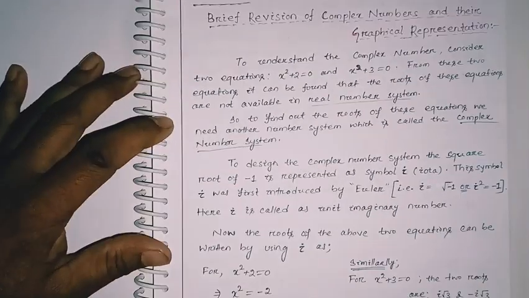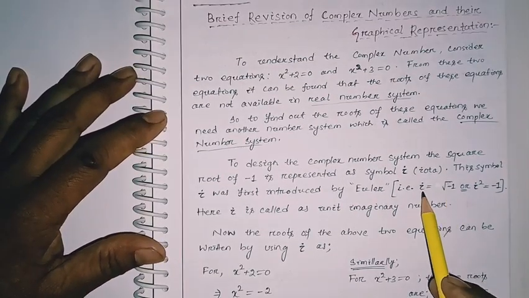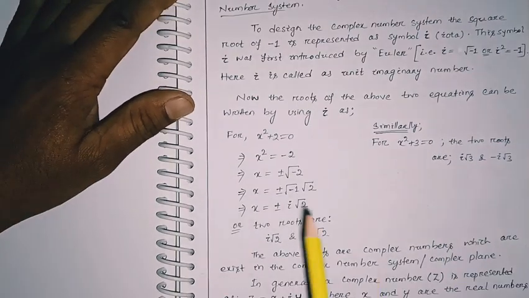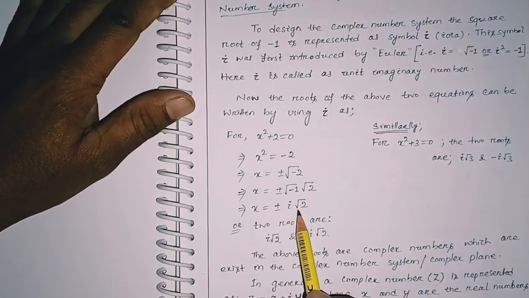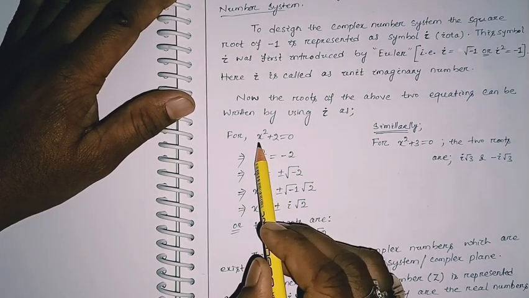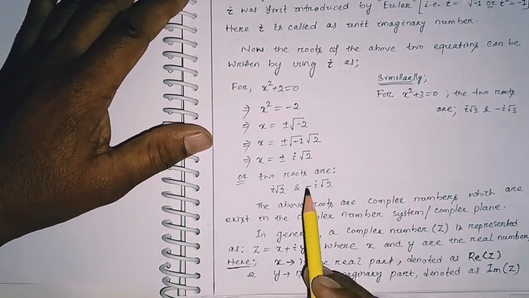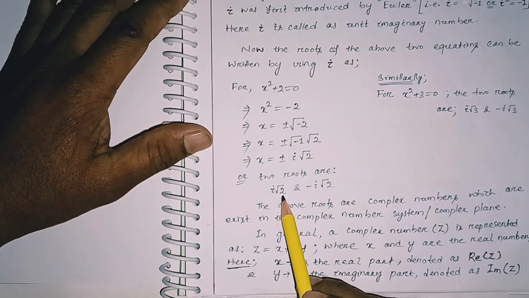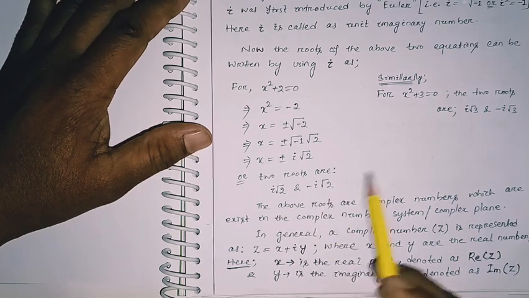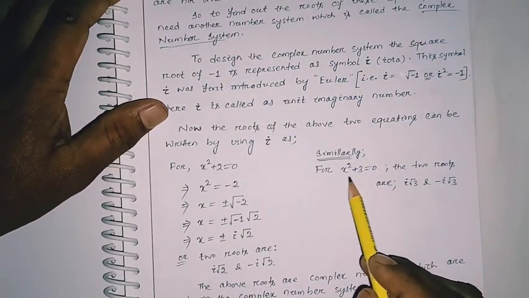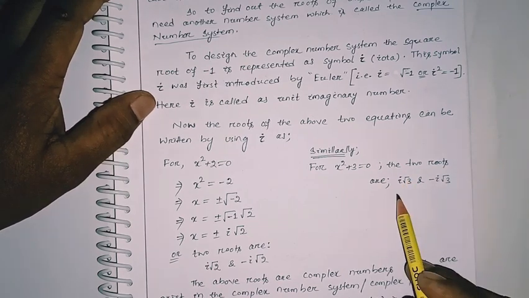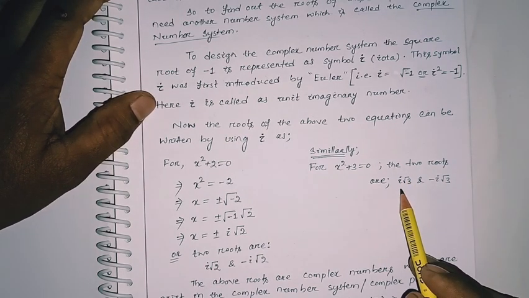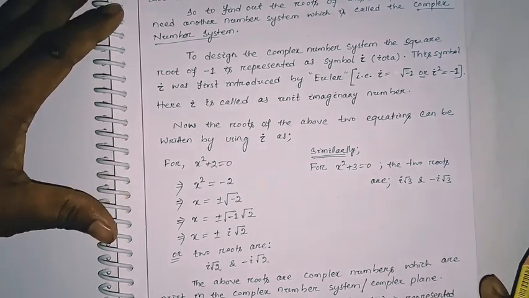As we discussed, root minus 1 is represented as iota or i, hence x will be plus or minus i root over of 2. So this equation has two roots, plus i root over of 2 and minus i root over of 2. Similarly, you can do it for the other equation, and we find the two roots are i root over of 3 and minus i root over of 3.